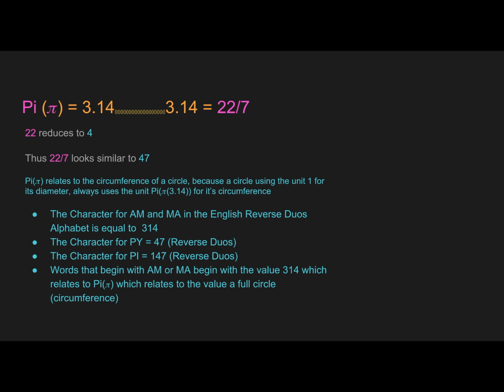So these words relate to pi and have a connection with a circle, because to calculate measurements of a circle, you need to understand the concept of pi, because whenever we consider the length, which is the diameter of a circle, to be 1 unit, the circumference of that circle, so the length around it, is represented as pi.